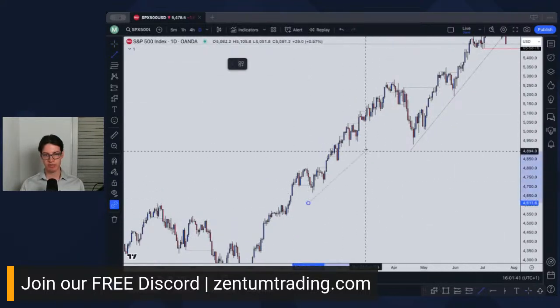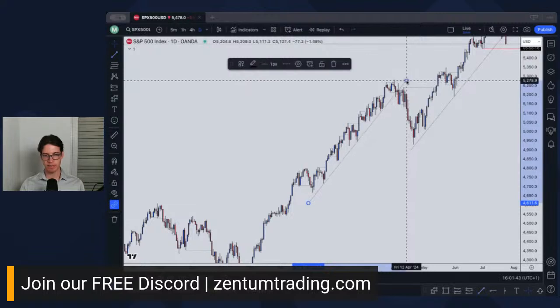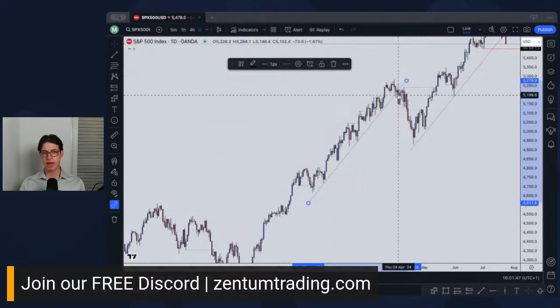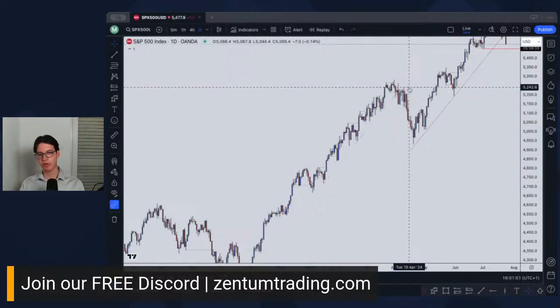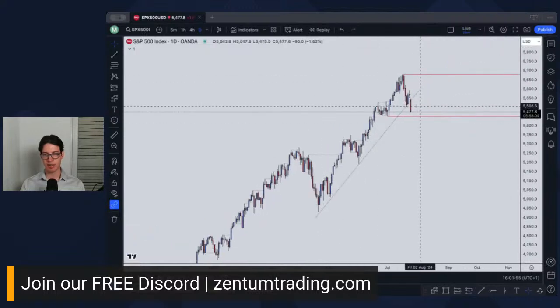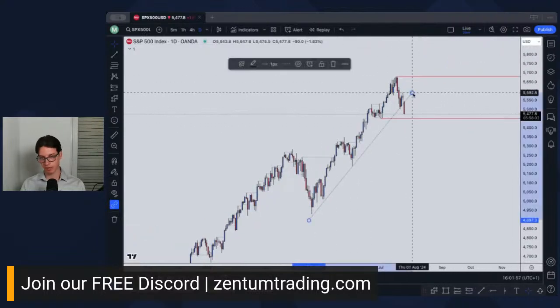So you can also put a trend line right here as well. See, it gets respected a lot of the time, and when it breaks, there is a big correction after it. So I would not be surprised if something like this happens here on the top, because a big trend line was just broken.